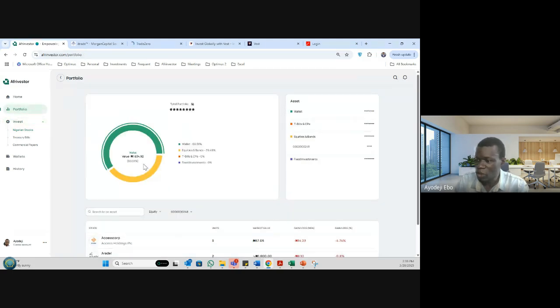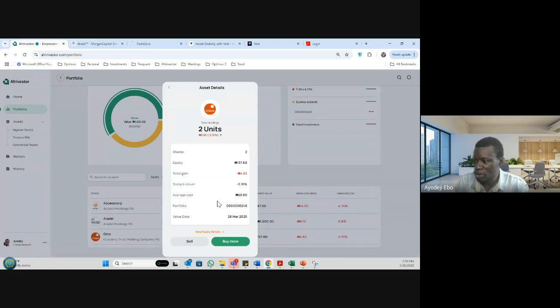The system automatically knows your average cost. This is where you pay attention. So if I buy tomorrow at 65, it means that this will change again. So you're able to see your average cost. You also see your total gain.